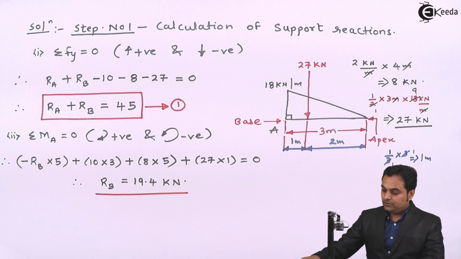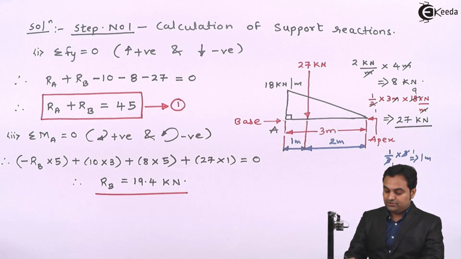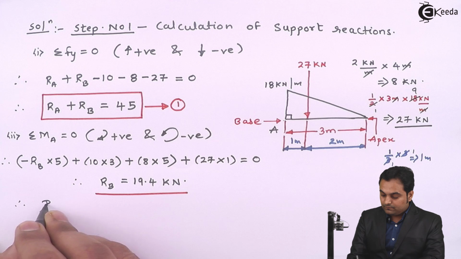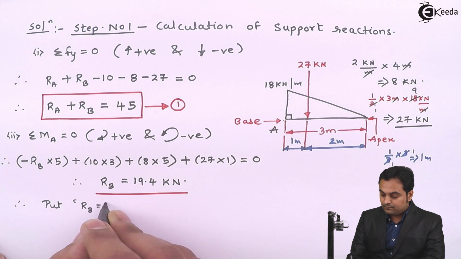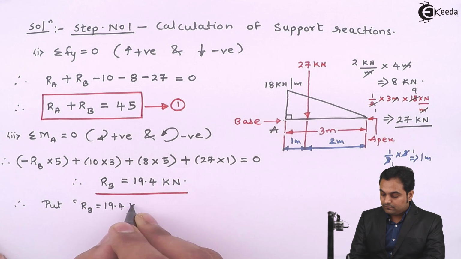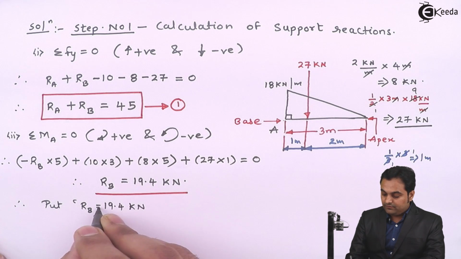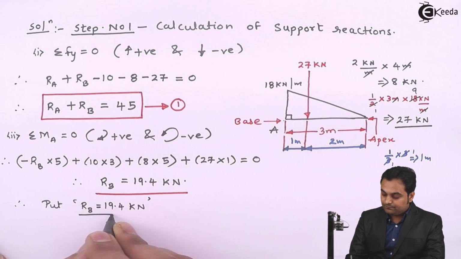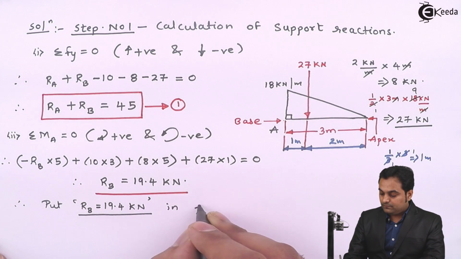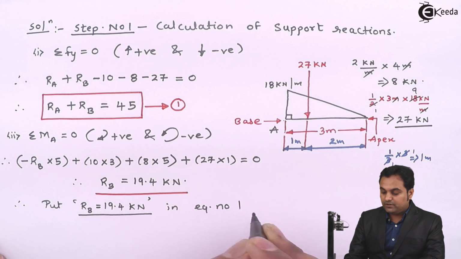Next, putting this value of RB, 19.4 kilonewton, in equation number 1.